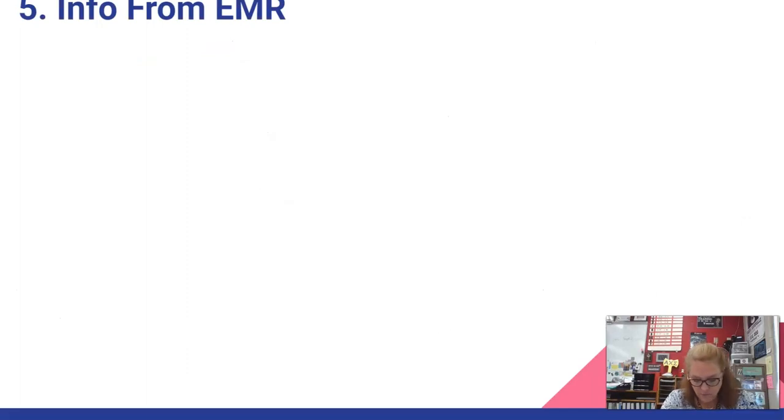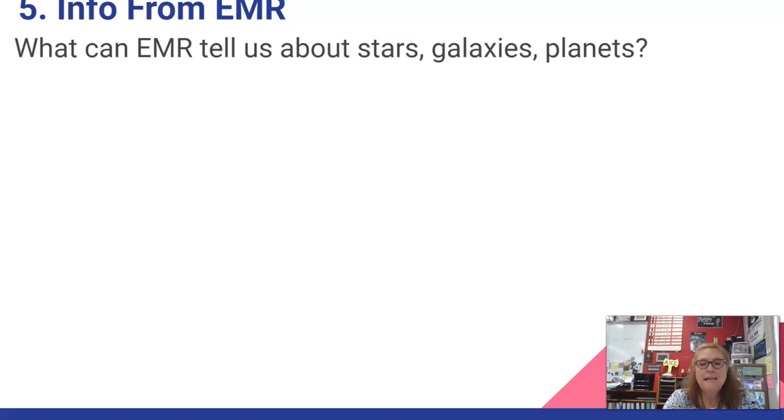So what kind of information can we get from EMR? What can it tell us about the stars and the galaxies and planets? Well, we can learn about the brightness. If you recall that history lesson about Annie Jump Cannon, she was looking at the brightness from the spectra.